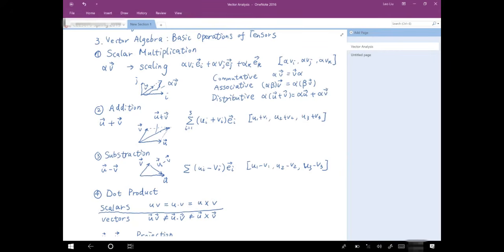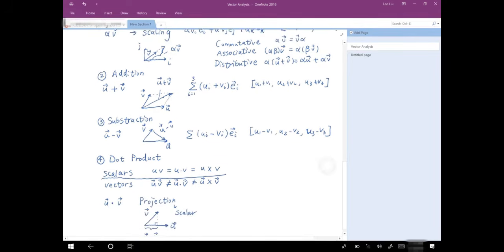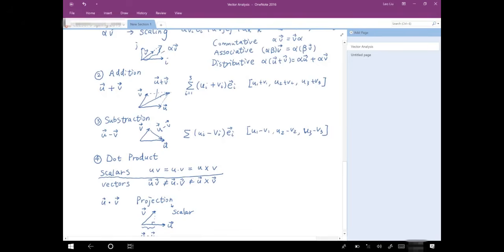And addition follows commutative. This one is easy to understand, so we don't want to spend too much time on it. So let's focus on dot product. This one is a little bit more complicated.